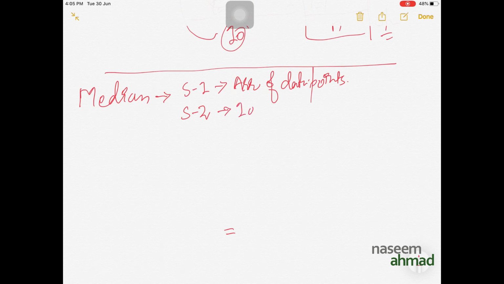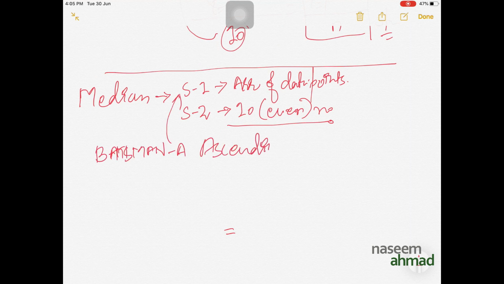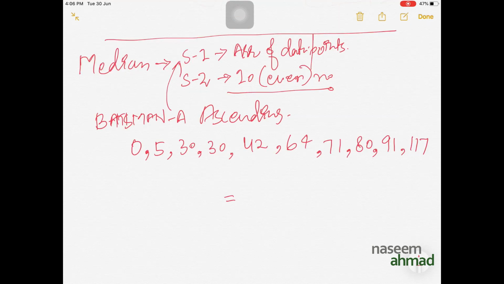These are 10 different numbers, and 10 is an even number. So we need to find the median of a given data set for an even number of data points. Let's apply step 1, ascending order. Step 1 is done, we have arranged the data points in ascending order.